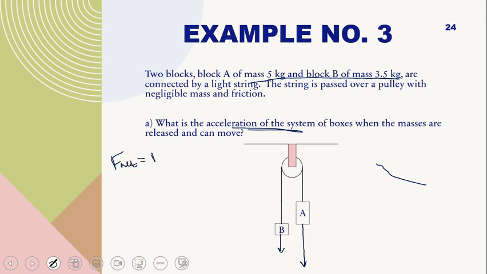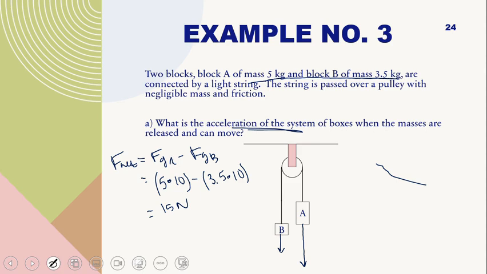F net is equal to the gravity force on A minus the one on B, which is equal to, let's see, we are given the mass of each, so A is 5 kilograms, times 10, the acceleration due to gravity, minus 3.5 times 10, and this gives us a net force of 15 newtons.